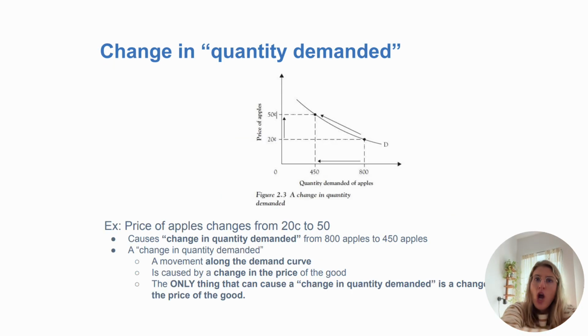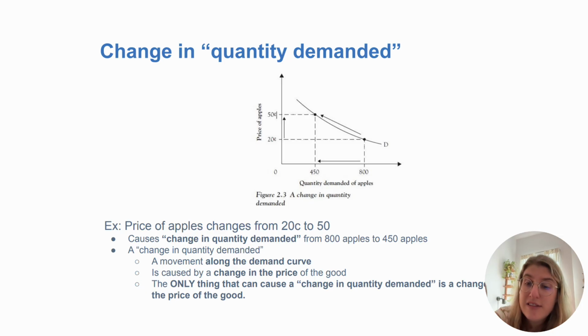Now, let's talk about what happens when the price of apples changes. In this example, the price goes up from 20 cents to 50 cents. At 20 cents, people wanted 800 apples. At 50 cents, they only wanted 450 apples. That drop from 800 to 450 is what we call a change in the quantity demanded.